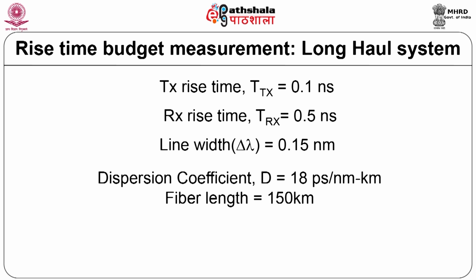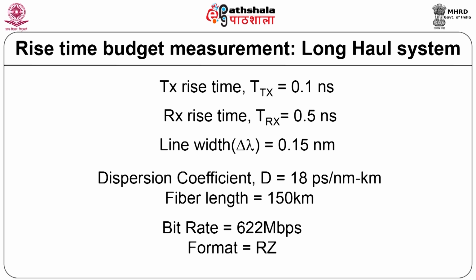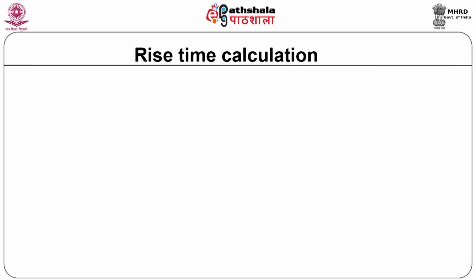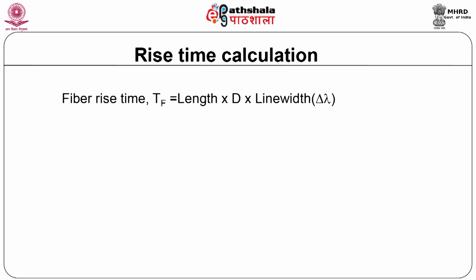Bit rate 622 Mbps and format RZ, that is return to zero. Rise time calculation. Fiber rise time Tf equal to length into D, that is dispersion coefficient, into line width delta lambda, that is equal to 150 kilometer into 18 into 0.15 nanometer, that is 0.4 nanoseconds.